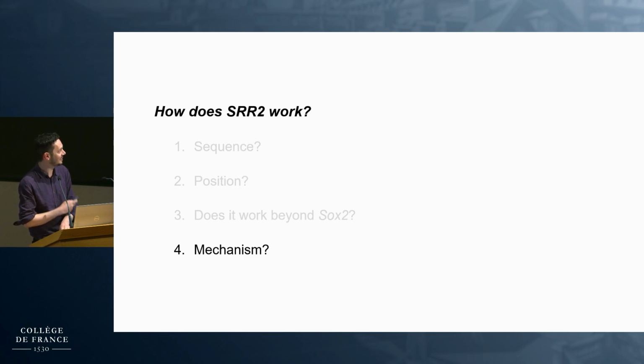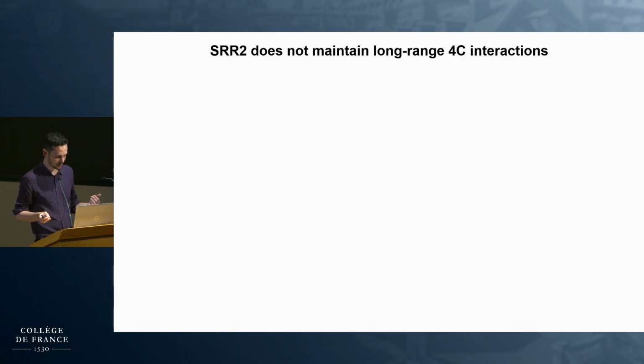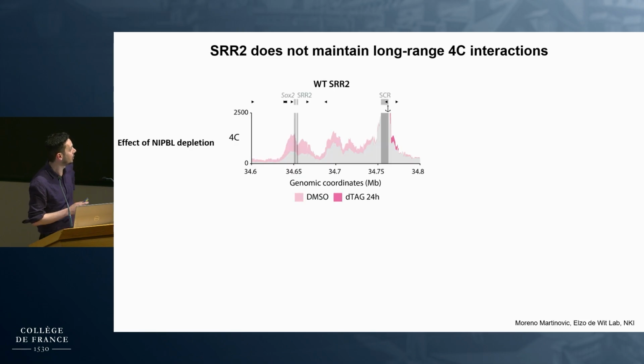I'm just going to show you the last little bit of data. Of course, one idea was that somehow this enhancer could provide cohesin-independent looping and interactions that would not be affected by the loss of cohesin loop extrusion. So Elzo helped us to analyze some 4C data. This is just normal wild-type cells at the SOX2 locus when we anchor the viewpoint at the enhancer.